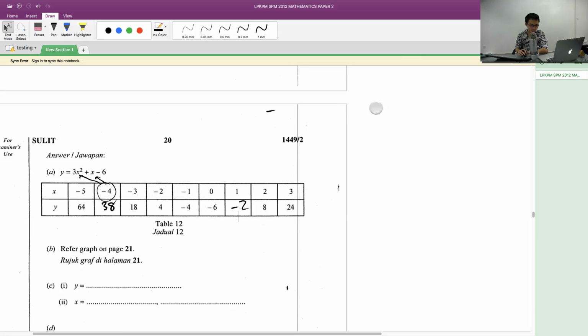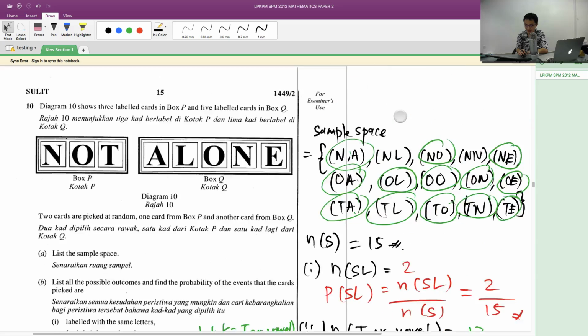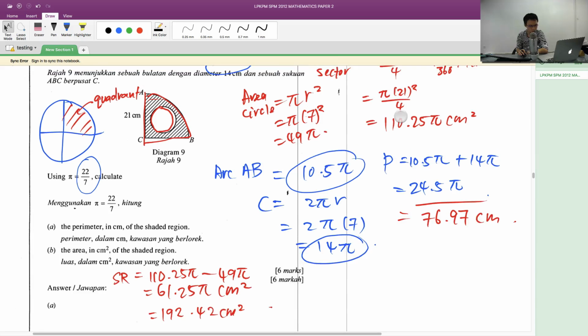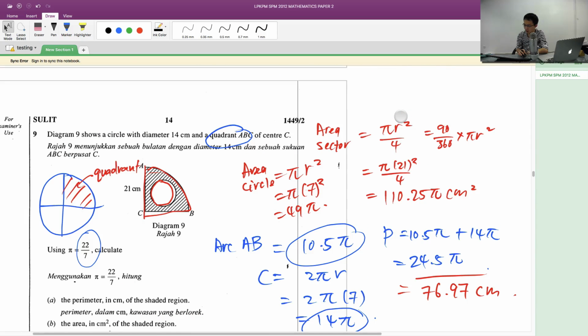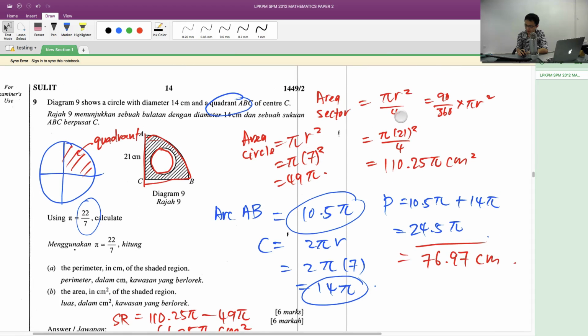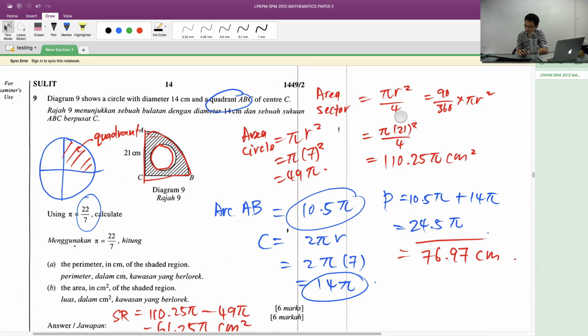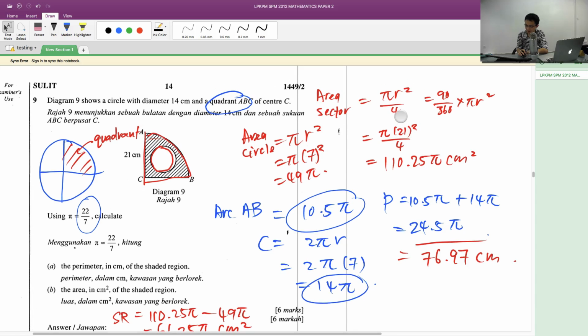Okay, for question number 9, you get 119 centimeter. Let's go back to question number 9. 119 for perimeter. Let's see, did we make any mistake? Yeah, my bad.